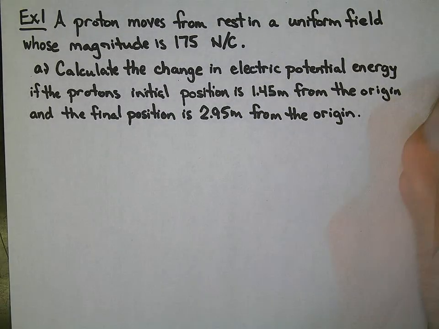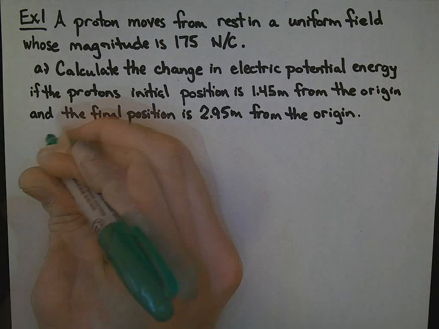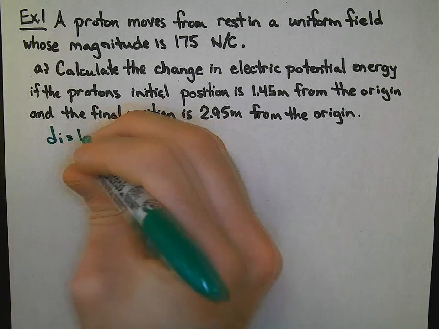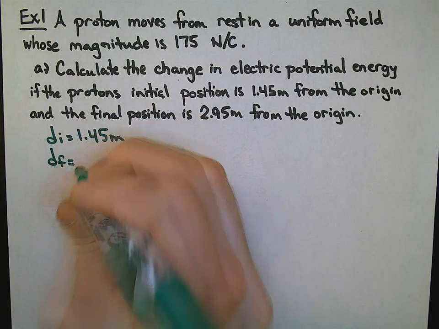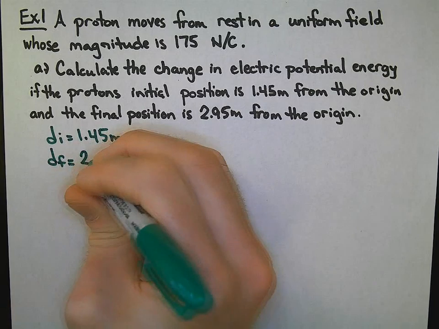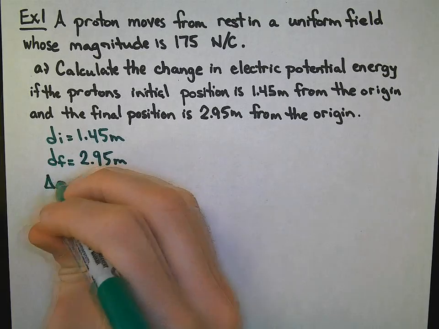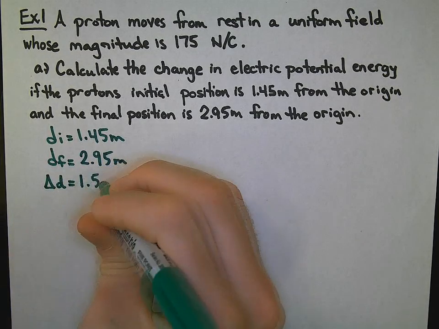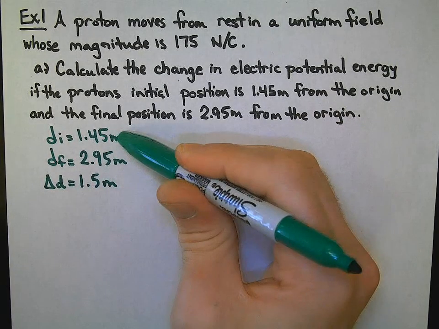And it's going to be very clear how to solve this momentarily. We know that the initial placement or position was 1.45 meters from the origin, and that the final position was at 2.95 meters from the origin. So we know that our change in position is 1.5 meters by subtracting the final and the initial positions.